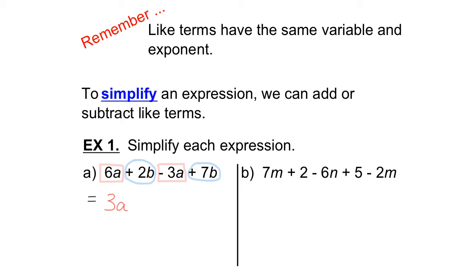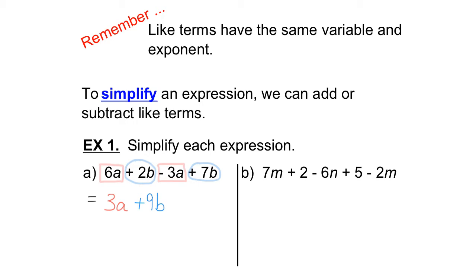How many baseballs do I have? 9. So this 4-term expression simplifies down to a 2-term expression, 3a plus 9b. Those are not like terms because they don't have the same variable. So I can't simplify any further. This is how I know that I'm done.